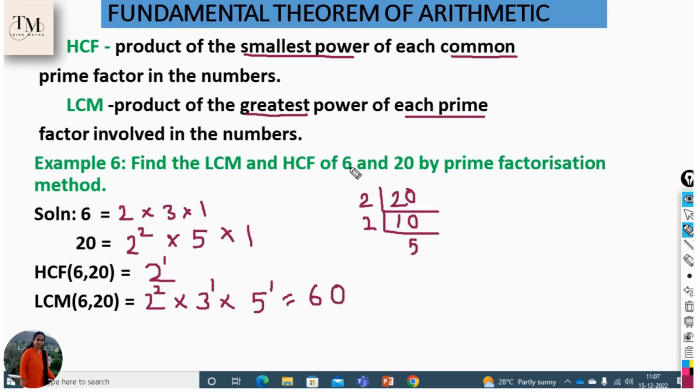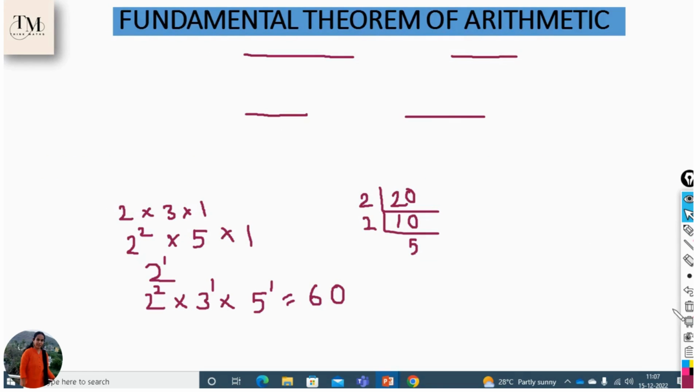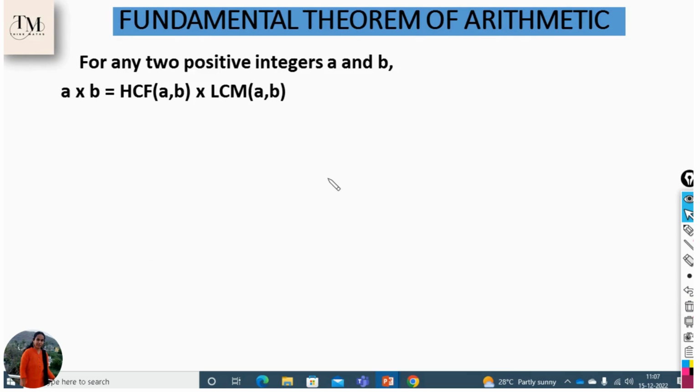Okay children, so let us go to the next example. Before that, we know that for any two positive integers a and b, a cross b is equal to HCF of a comma b into LCM of a comma b.